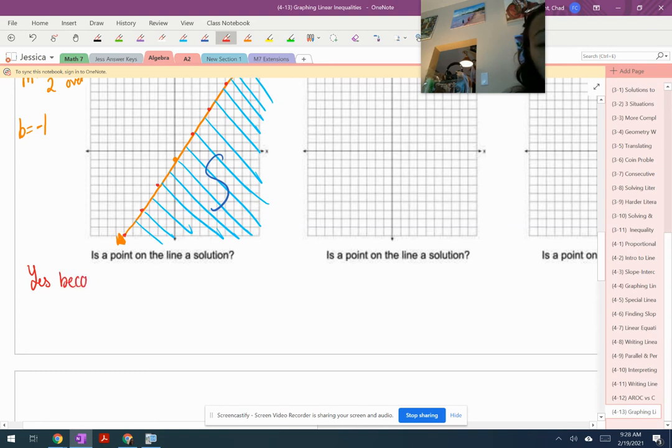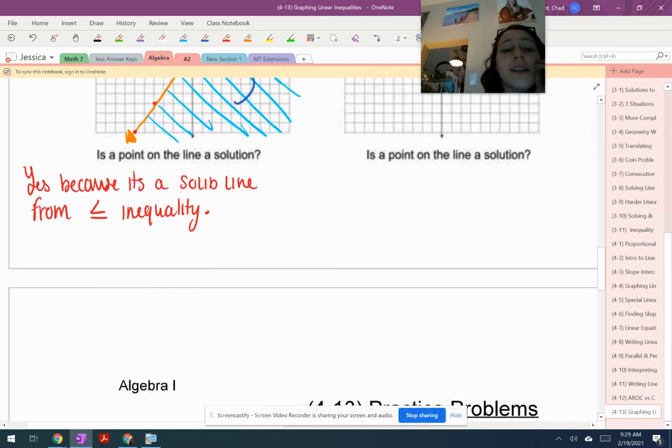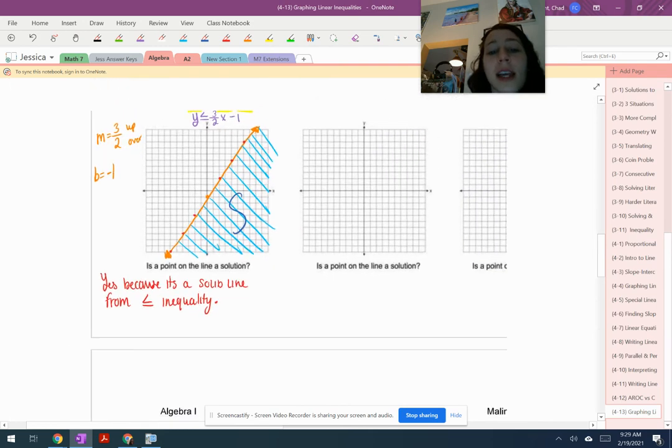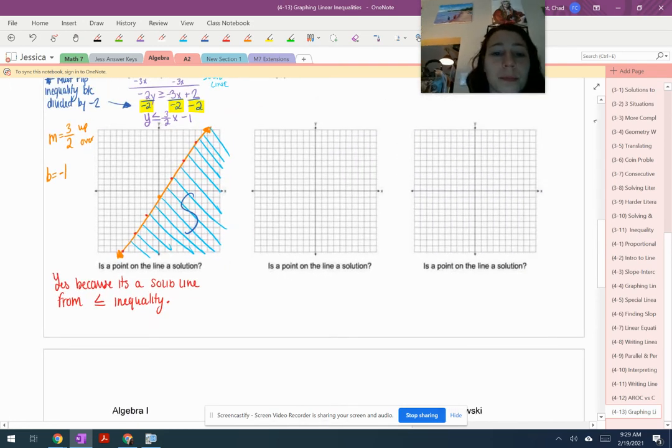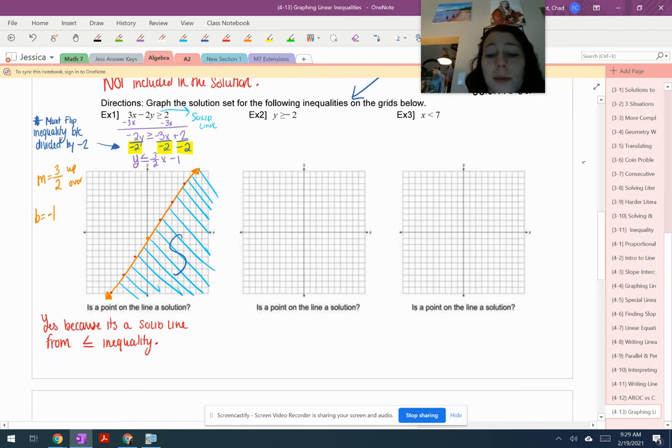Yes, because it's a solid line from the less than or equal to inequality. Which means that any point on or in the shaded area is a solution here. Okay, we'll look at the next ones afterwards.